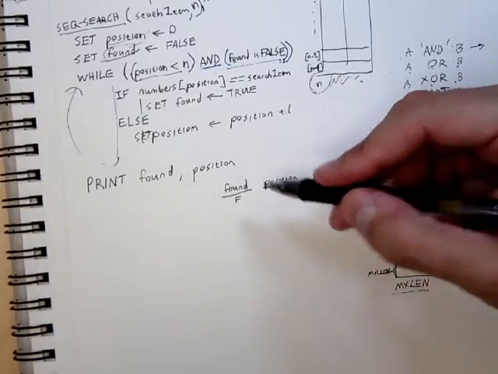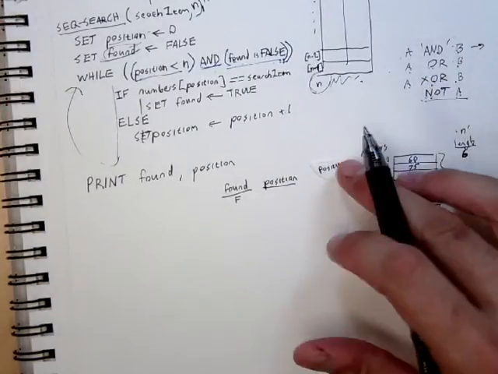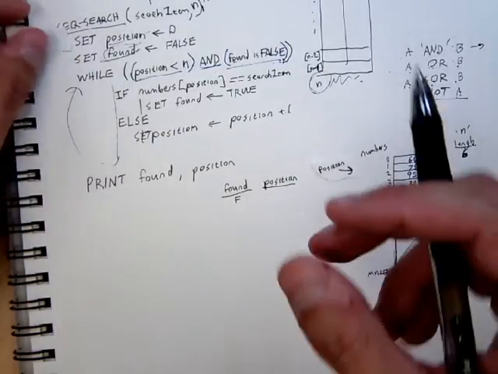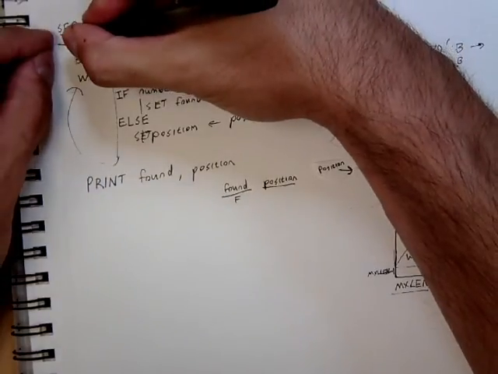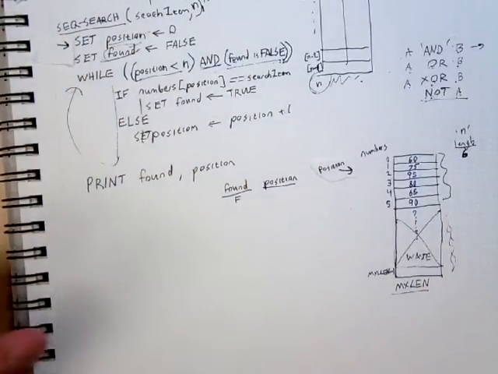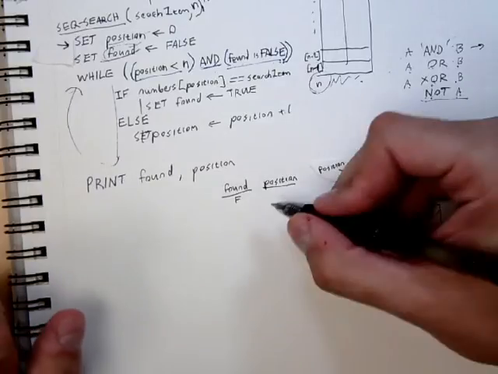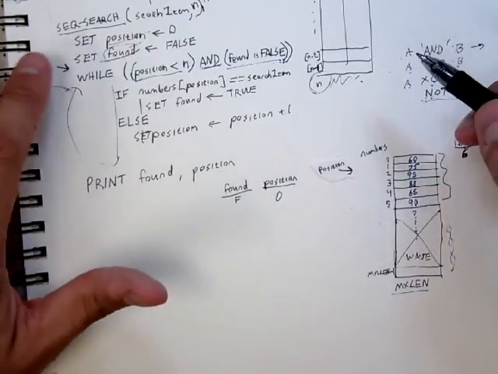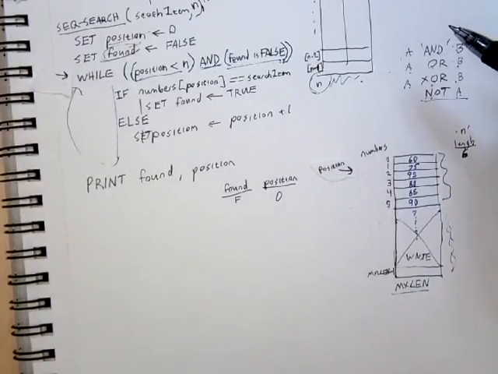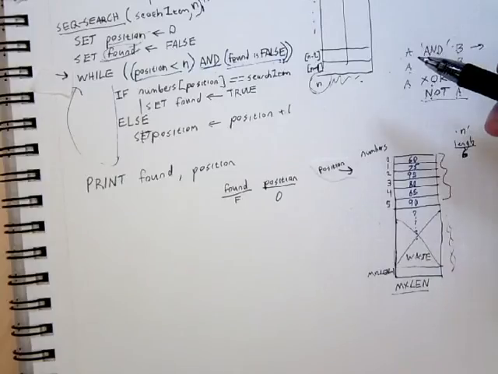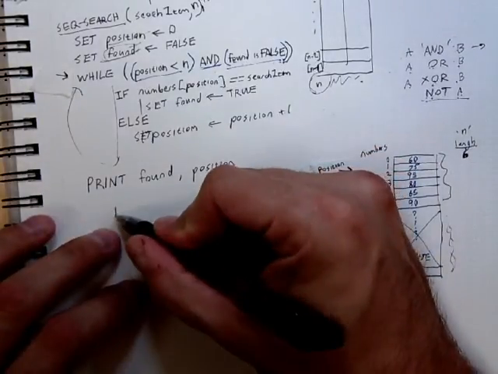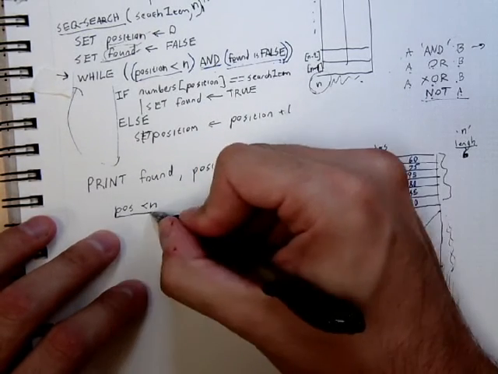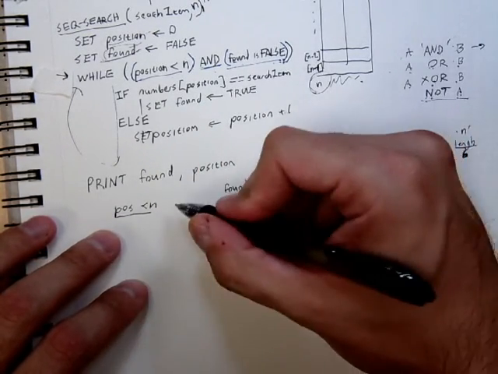If we trace through this algorithm, let me get another arrow. This is the current line of the algorithm that we're executing. So position gets set to 0, and found gets set to false. We're going to check this condition. In order to check that condition, we want to know is position less than n? And we also want to know if found is false, right?